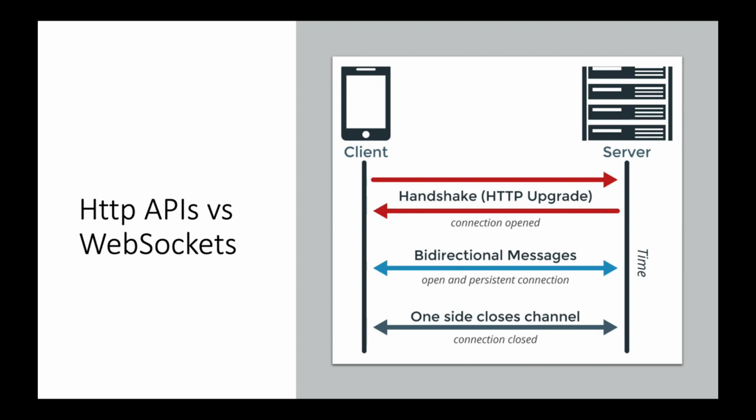But in WebSockets, the connection is established, then the client can send any number of requests to the server, and the server can also send any number of requests or responses to the client. And this communication is there until the client disconnects the socket or the server disconnects the socket. So these are the benefits of WebSockets over HTTP APIs.